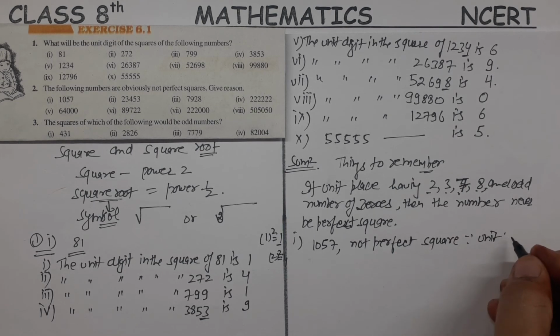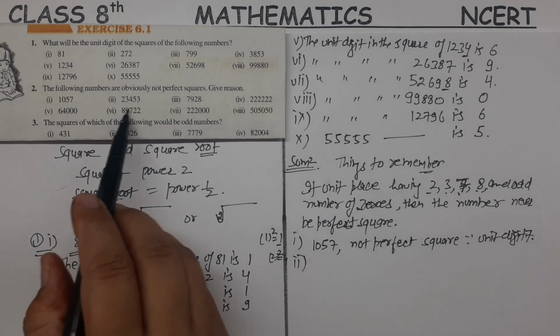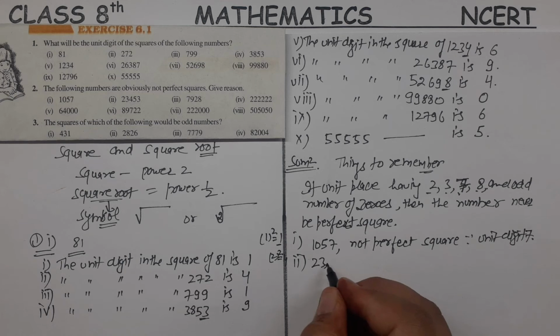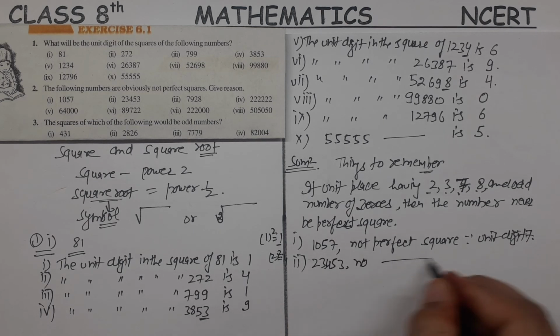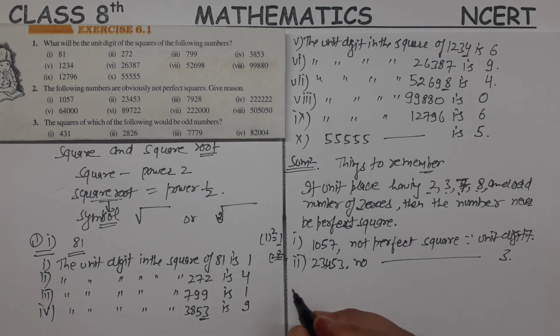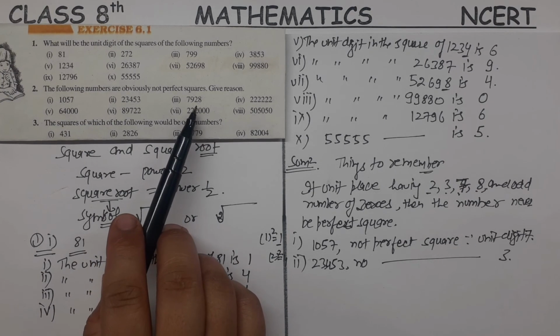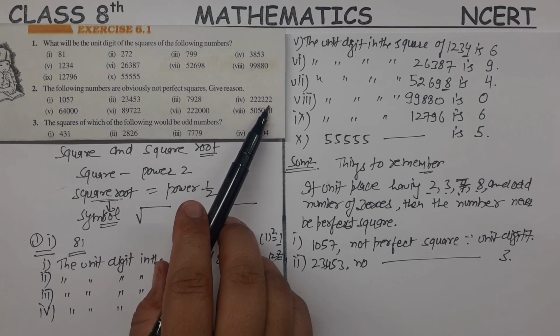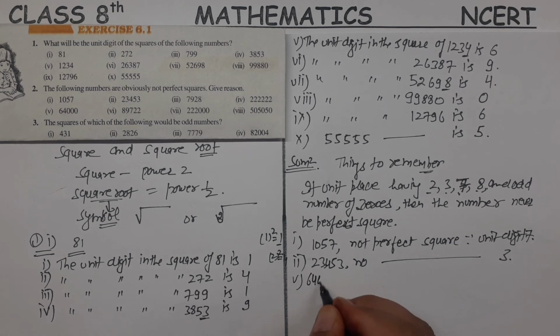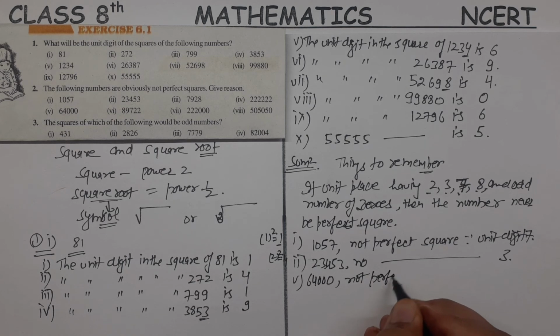Because unit digit 7, unit digit 3, that's why also no. Unit digit is 3. You have to write all these parts in the same manner. Part third, unit digit is 8, unit digit is 2 in part fourth. In part fifth, number is 64,000, also not perfect square.